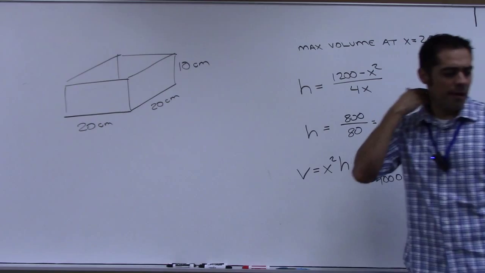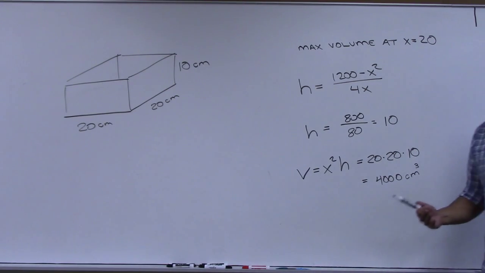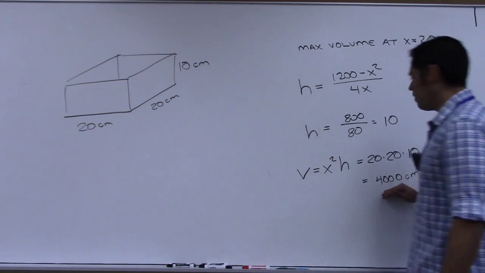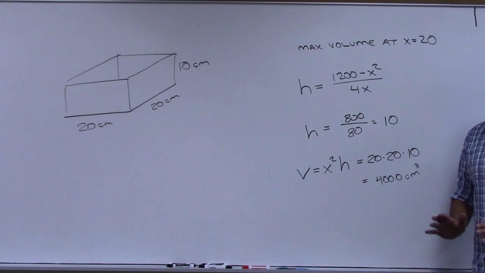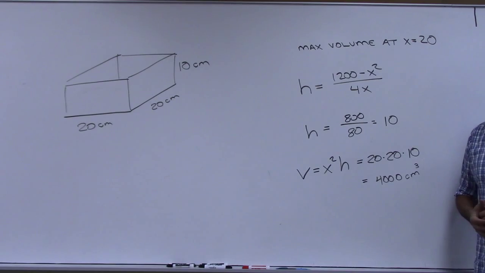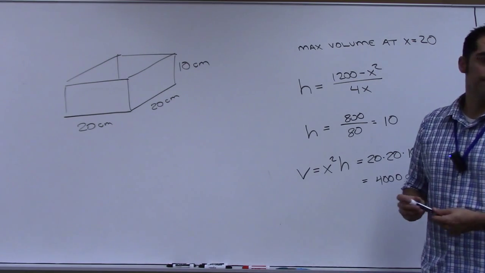If I do it that way, I'm going to use all 1,200 square centimeters of material. I'm going to get a volume of 4,000 cubic centimeters, and there's no other way to build that box using that much material and get a box with greater volume than that. That's the absolute best and most efficient way to do it.